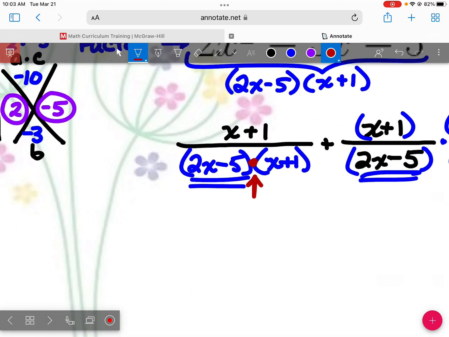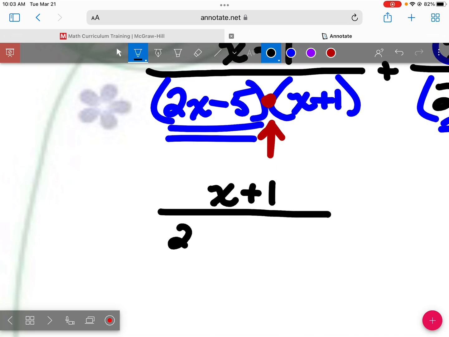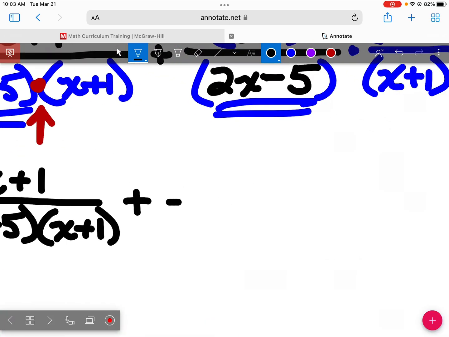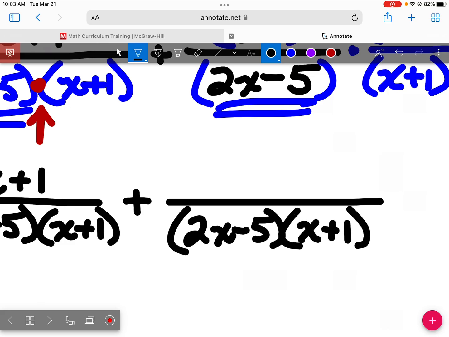All right. So my first fraction doesn't change at all. I have x plus 1 over 2x minus 5 times x plus 1 plus, now this side we're going to have some changes. My denominator, 2x minus 5 and x plus 1, I'm going to leave that in its factored form.